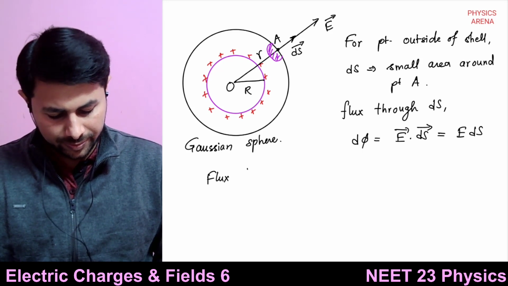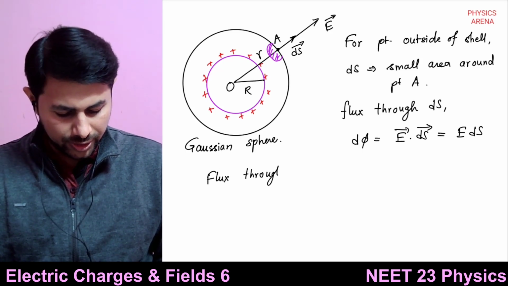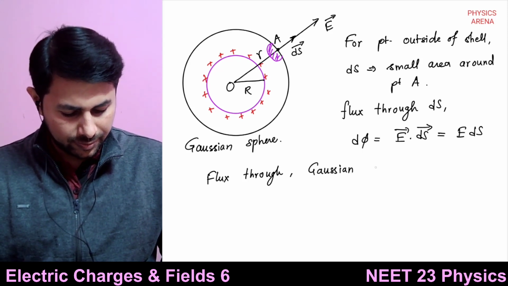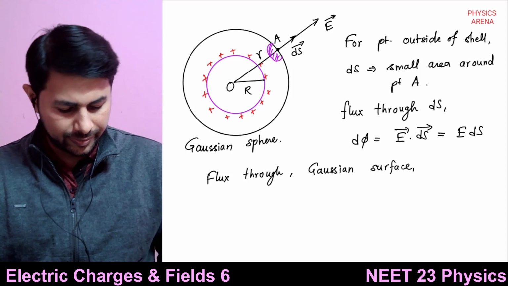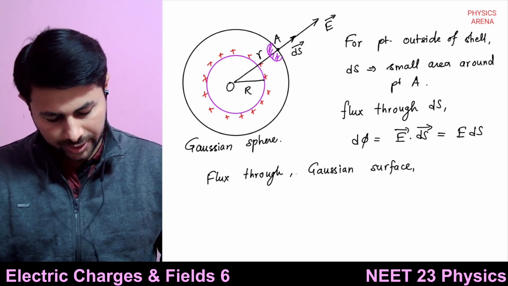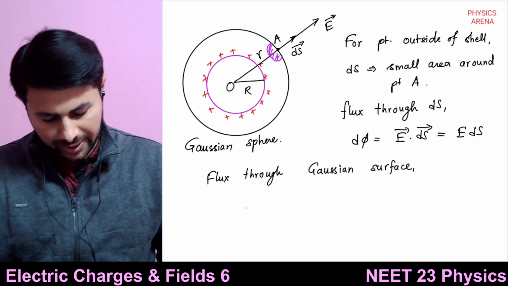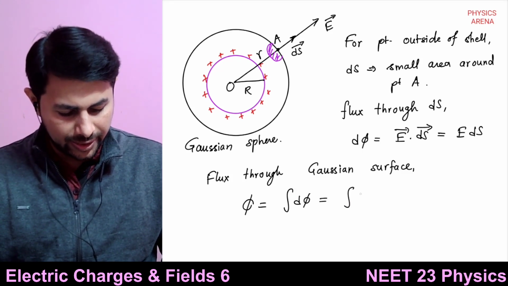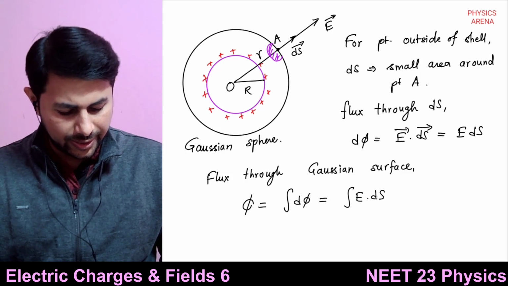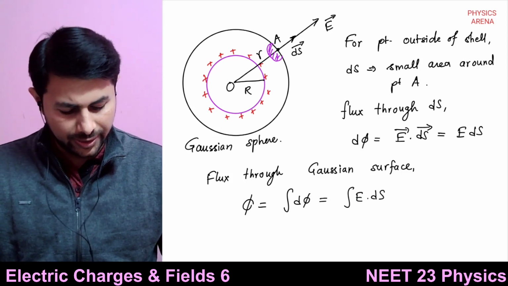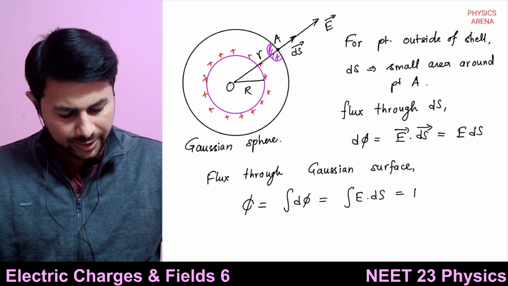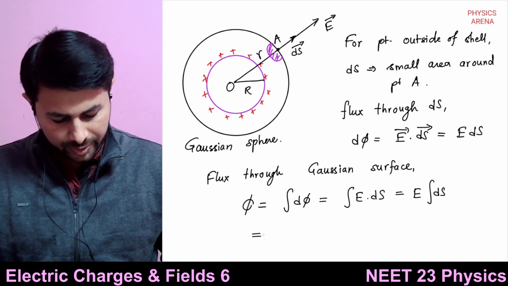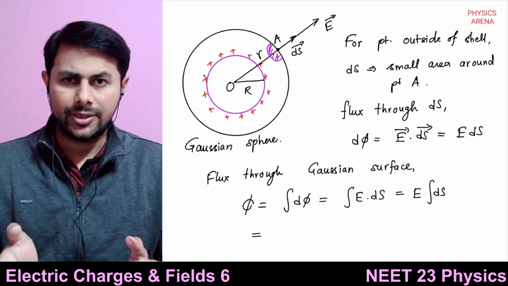The flux through the Gaussian surface passing through A is phi equals the integral of d phi, which is equal to the integral of E dot ds. E you can take outside, so it is the integral of ds, which is equal to the total surface area of the Gaussian sphere.